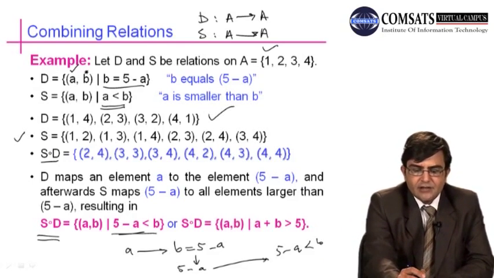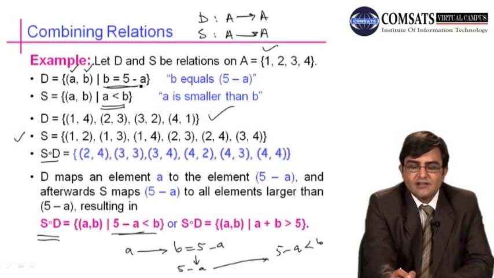This will be converted into the second element using this relation, that is B is 5 minus A.